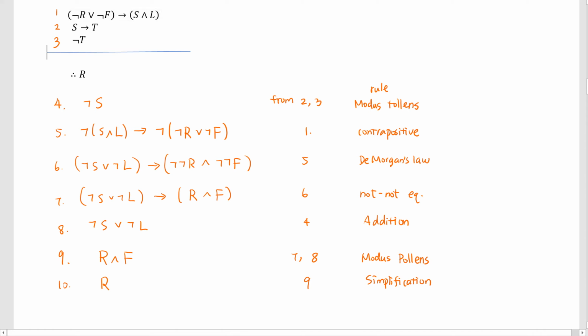Think about the contrapositive, and then the not is outside of the parentheses, so we want to move it in. How do we move it in? Use De Morgan's law, and then we can use modus ponens to get the conclusions. And when you have the and/or, think about addition, simplification, disjunction, conjunction.